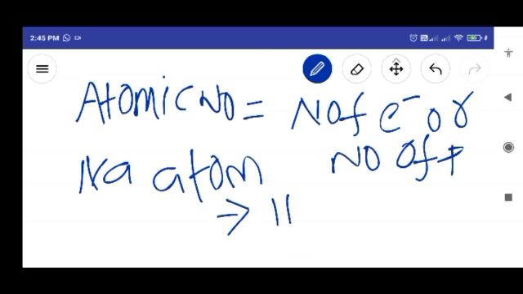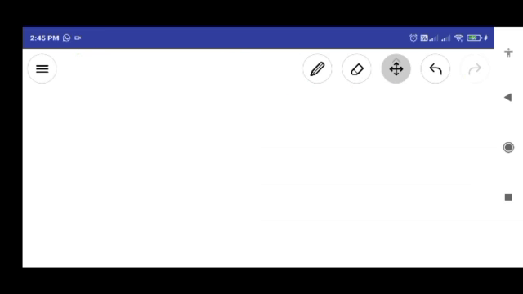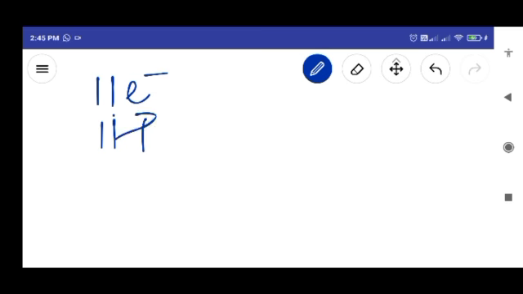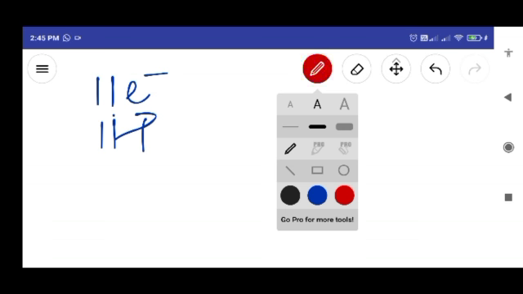And how can we draw? Its atomic number is 11. So that means the total number of electrons is 11. So it contains 11 electrons and 11 protons. How will we draw?